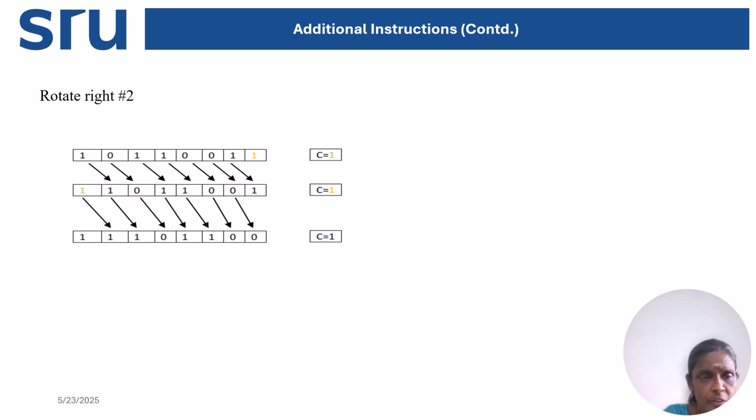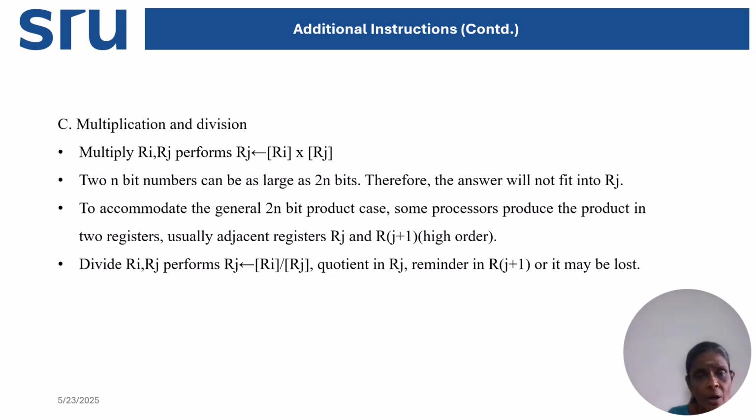Next one, second shift. This one is LSB is coming to carry, and then 1 1 0 1 1 0 0. What is the condition?